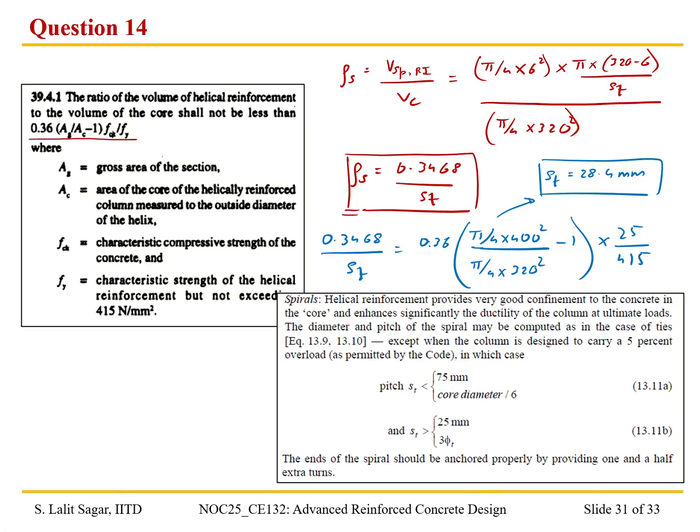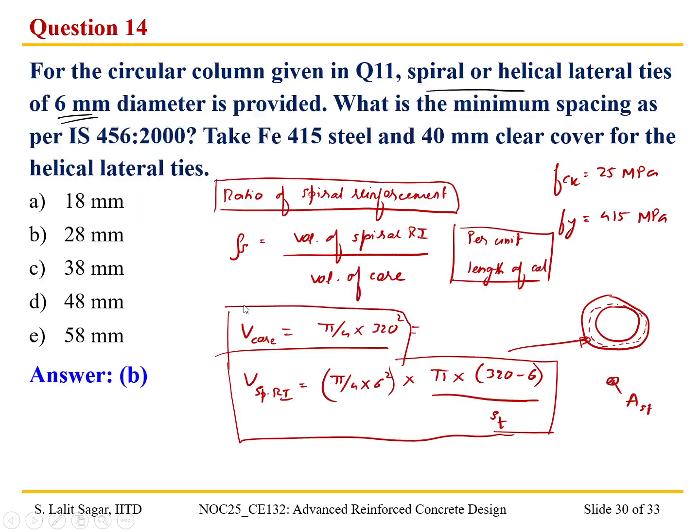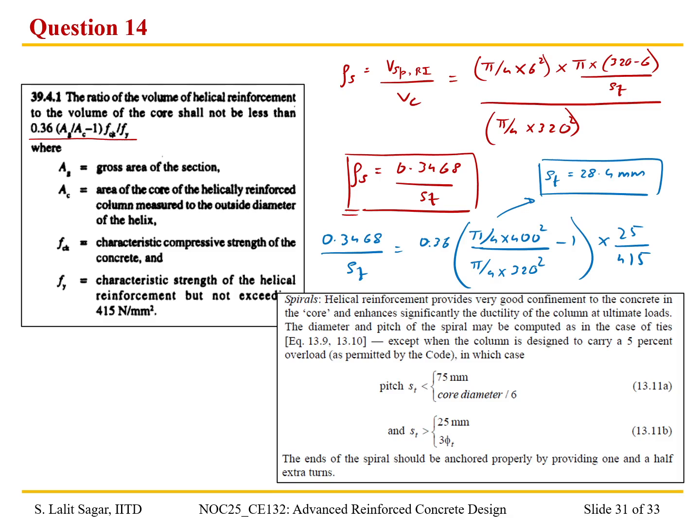So let us look at the final clauses over here. So we have decided that we need to take 6 mm helical reinforcement. In addition to that, the pitch has to be less than these values, that is 75 millimeter. I'm going to solve and write it side by side.